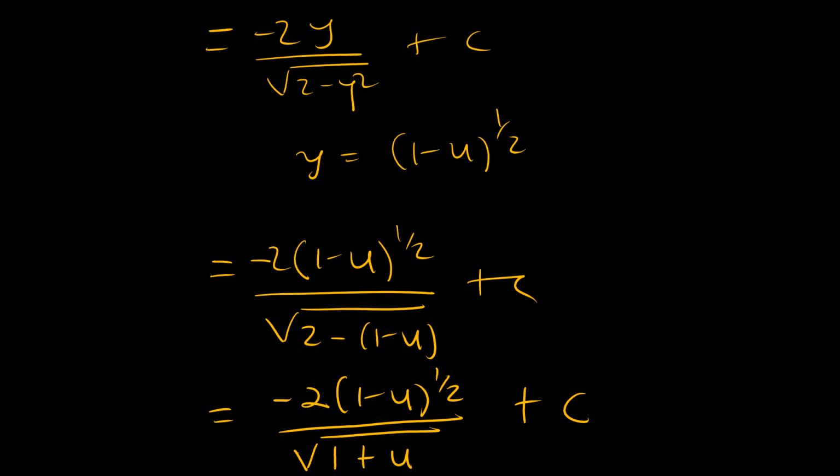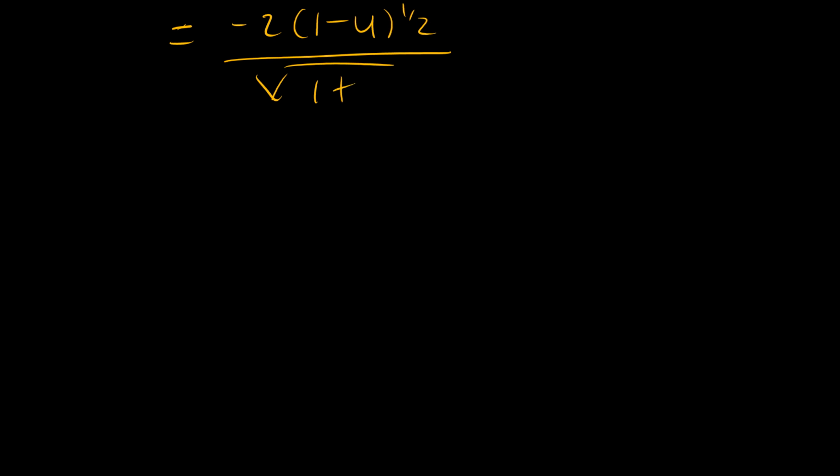And then this is also partial because we have to take it back to the x domain. I think that would be our last step. So our partial answer being 2 times 1 minus u to the power half over square root of 1 plus u plus c, and initially we had said that u be equal to the square root of x.